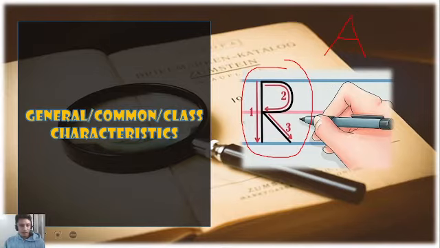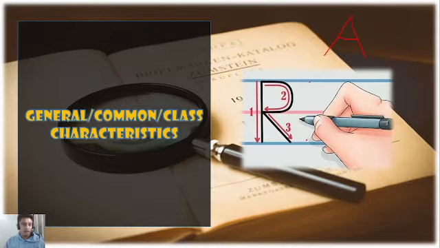Katulad po nandito sa ating illustration, meron pong linya-linya yung notebooks natin. So kapag mali po yung alignment or yung procedure natin kung paano natin sinulat ang letter R, ang sasabihin ng teacher sa atin ay mali yung ginagawa natin. Mali yung pagsulat natin ng letter R.